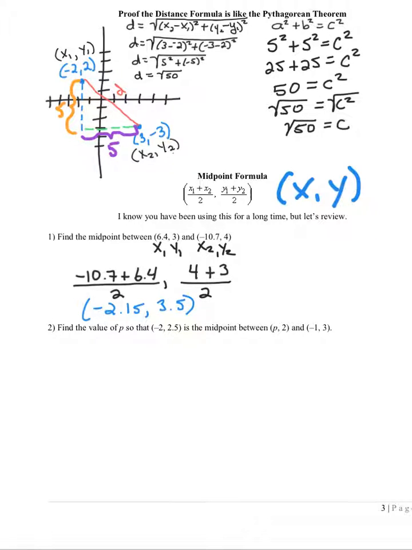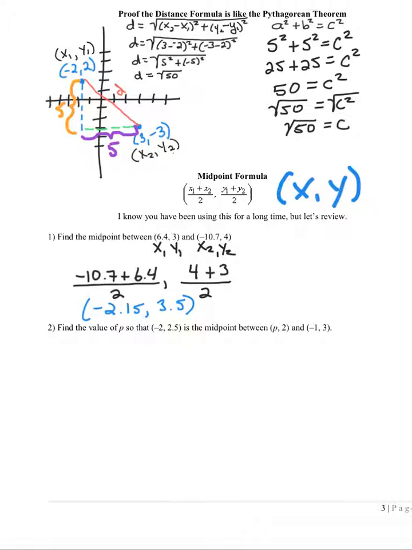Just put the x's together with an addition. We're going to add those two numbers together and then divide by 2. That will give you your x value for the point that's in the middle. Do the same thing for y. So in this case, we got -2.15 for our x value and 3.15 for our y value.